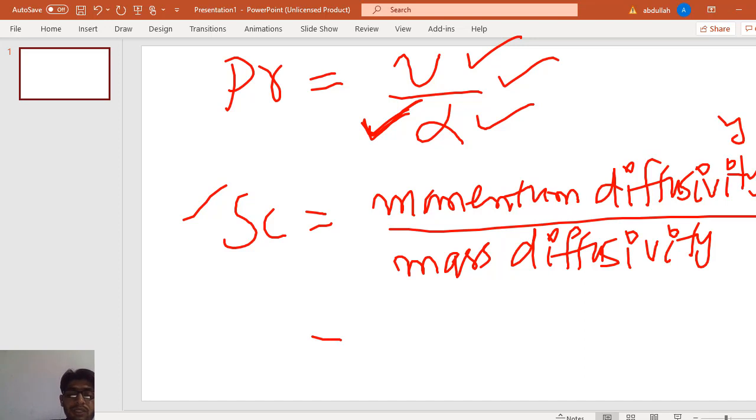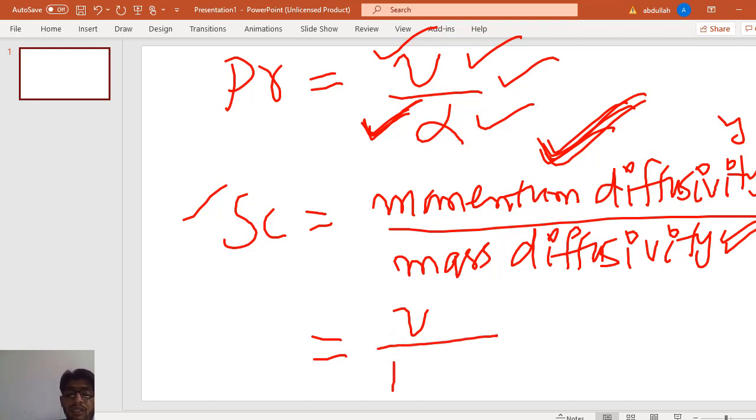The momentum diffusivity is denoted by the kinematic viscosity. It is obtained from the velocity gradient, and from Newton's law of viscosity. The mass diffusivity is obtained from Fick's law of molecular diffusion, and it is nothing but the diffusivity of component A in component B, obtained from various tables and correlations.